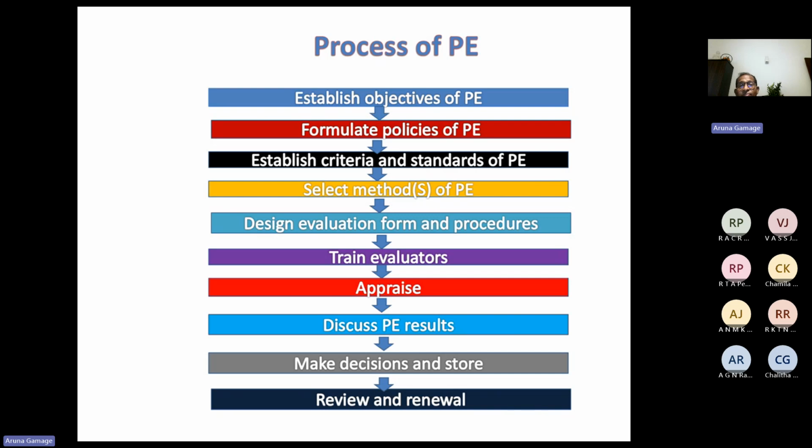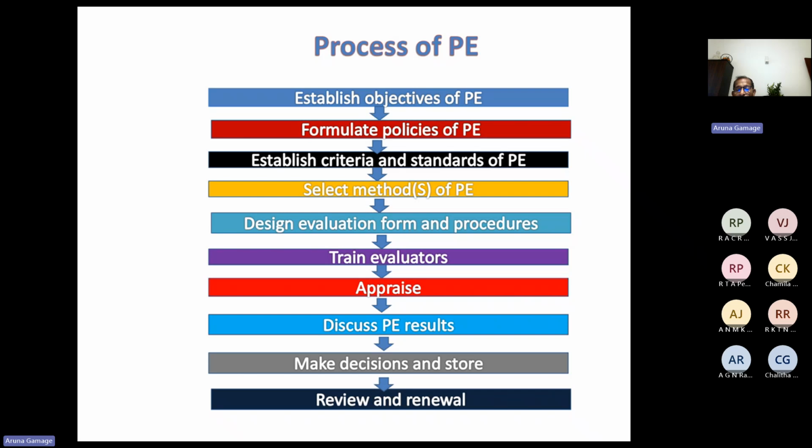So we discuss the process. The first thing is to establish the objectives of performance evaluation, then formulate policies, then establish rules and standards of performance evaluation, fourth, select the method or methods, fifth, design the evaluation form and procedure, then train evaluators, and the seventh one is appraise.